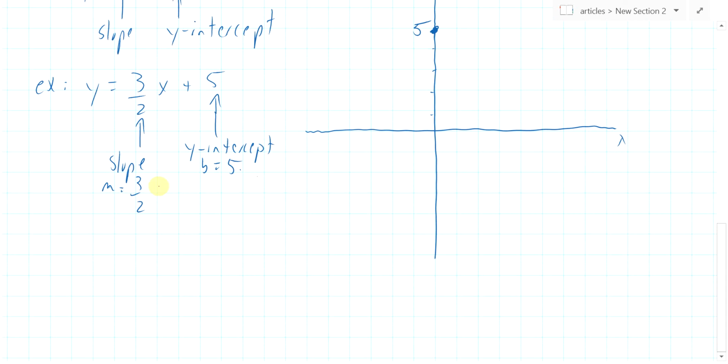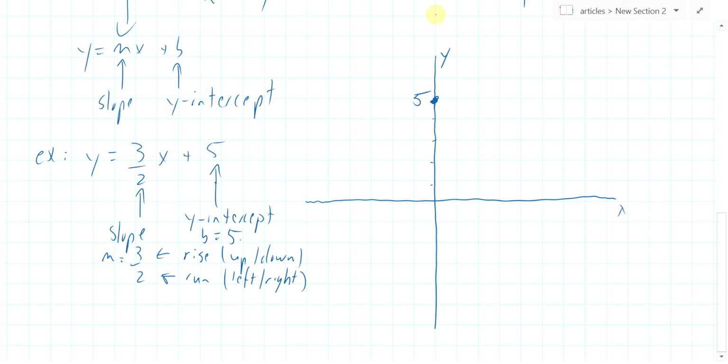The slope, usually we'll learn it as rise over run, and the rise is up and down, and the run is left and right. So if my slope is 3/2, what does that tell me about my line?